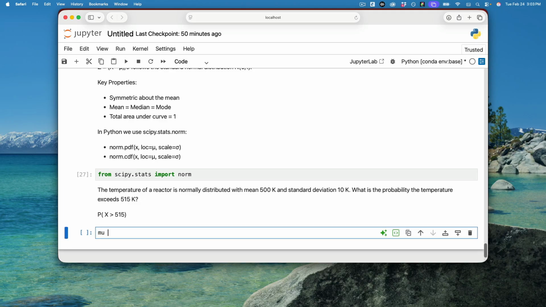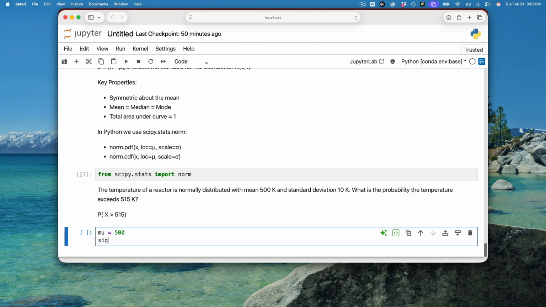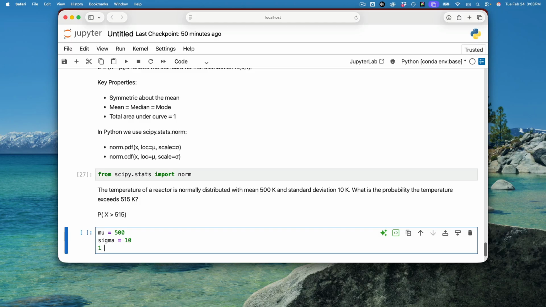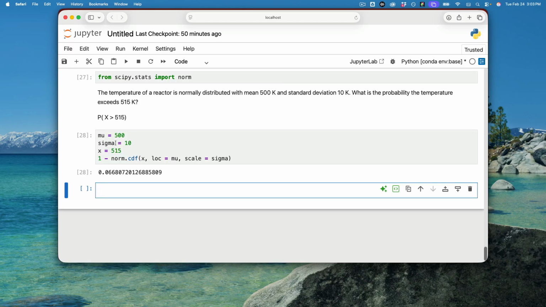So I would put mu equal to 500, sigma equal to 10, and then 1 minus norm.cdf of x equal to 515. The nice thing about continuous distributions is you don't have to worry about x minus 1, it's not discrete. You just put the value you're looking at, location is mu, and scale is sigma.